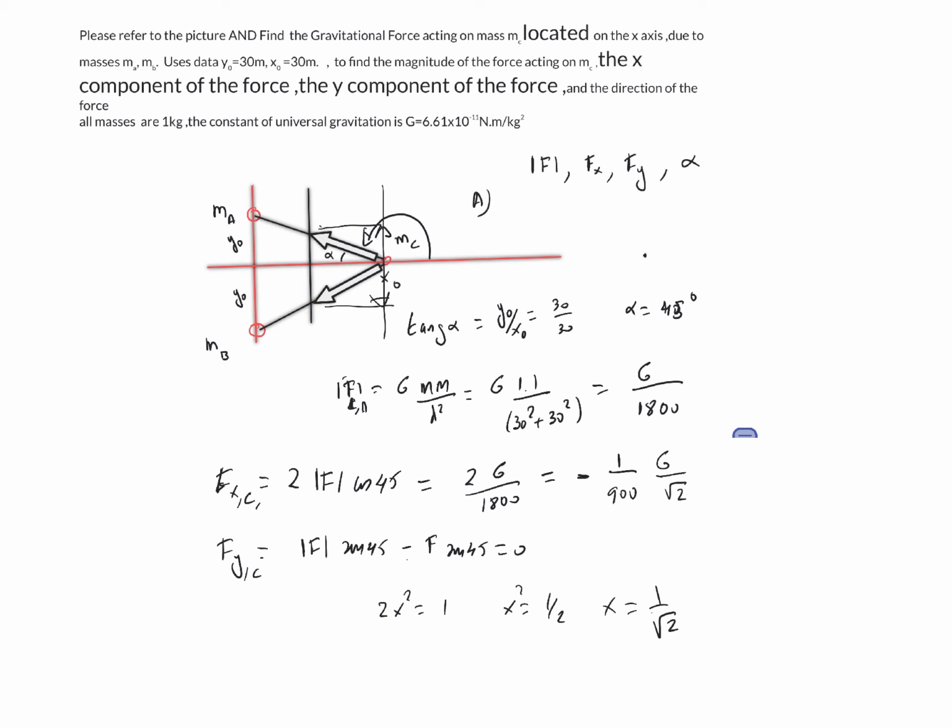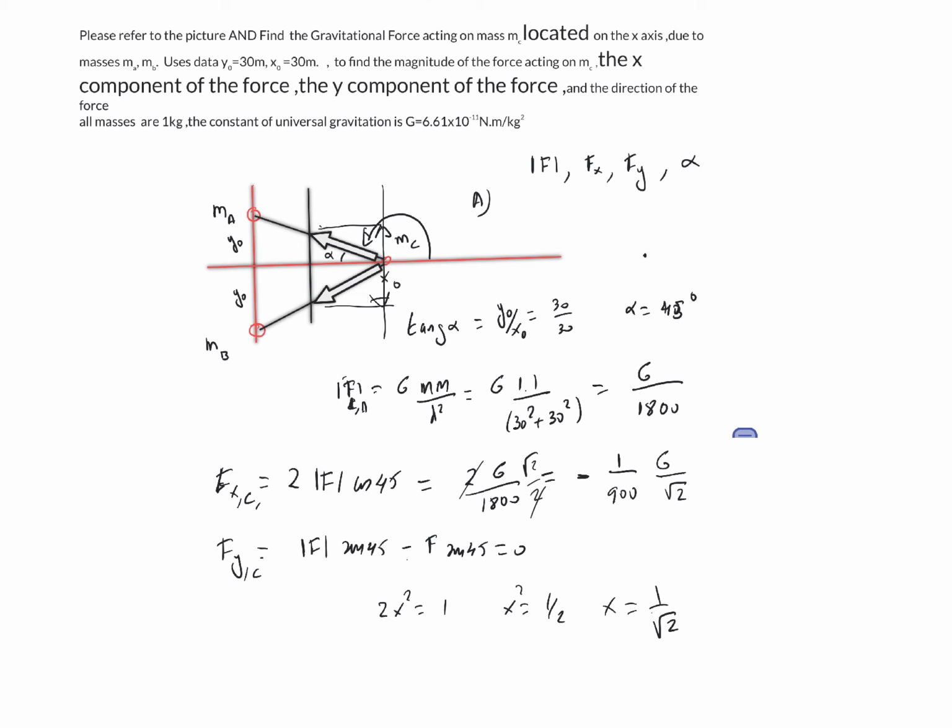So the force in the x direction will be 2 times F cosine of 45. 2 times the magnitude of F will be G divided by 1,800 times cosine of 45, that is square root of 2 divided by 2. So this 2 will cancel with this 2.